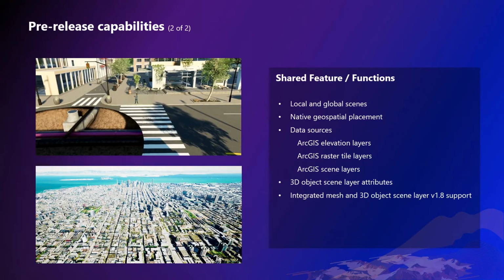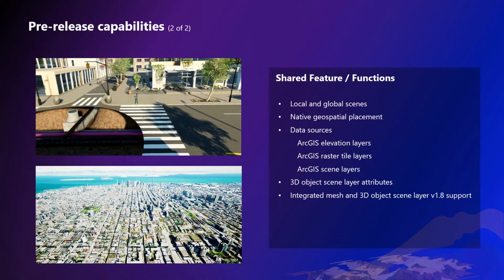Similarly, ArcGIS Maps SDK for Unreal Engine delivers initial support for native geospatial placement built on the georeferencing plugin for Unreal Engine 4.27. For both plugins, this means that global scenes now use a rebasing system and an ellipsoid model instead of the spherical model, which allows you to render large-scale worlds and place GIS data more accurately. It also introduces changes to the relationship between the camera and the GIS scene.